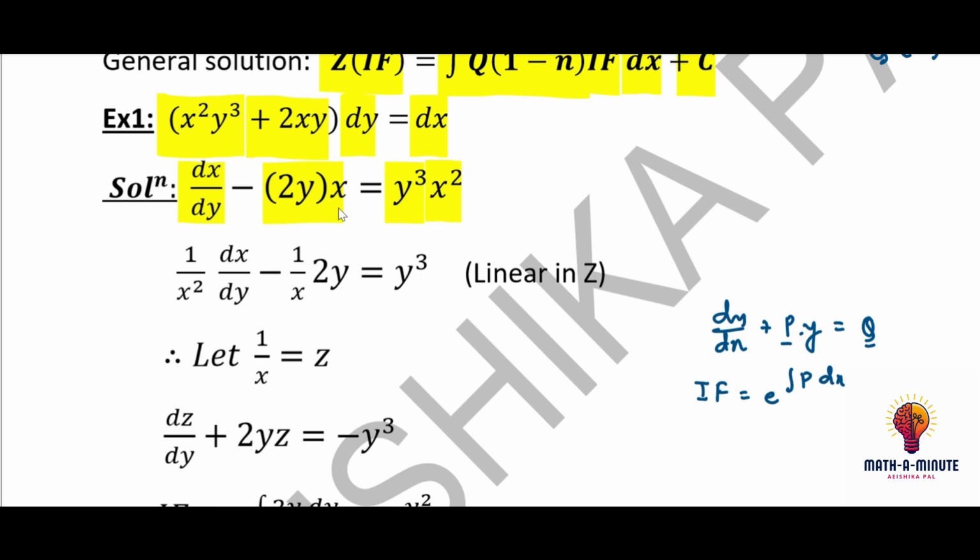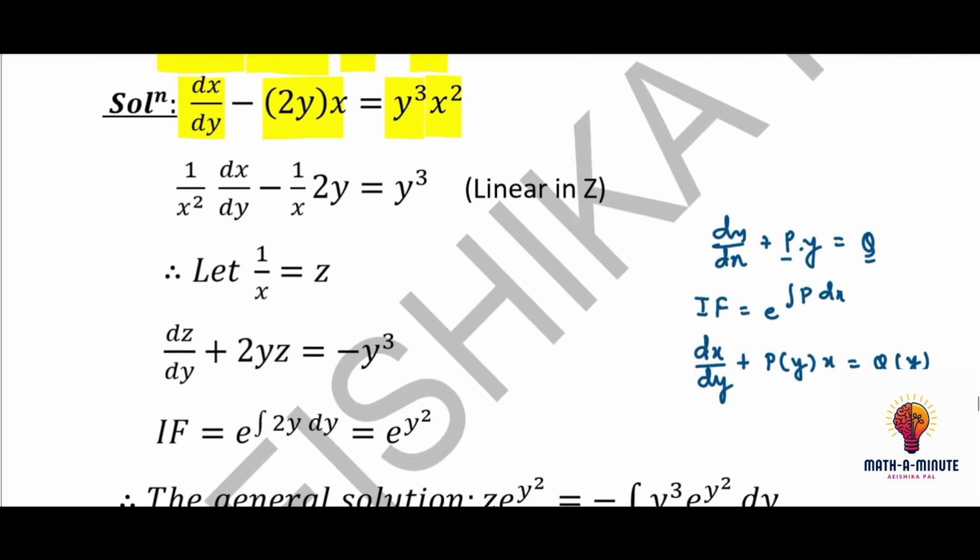But if the given differential equation is in the form of dx/dy + P(y) x = Q(y), then definitely in this case our integrating factor will be e^(∫P(y) dy).